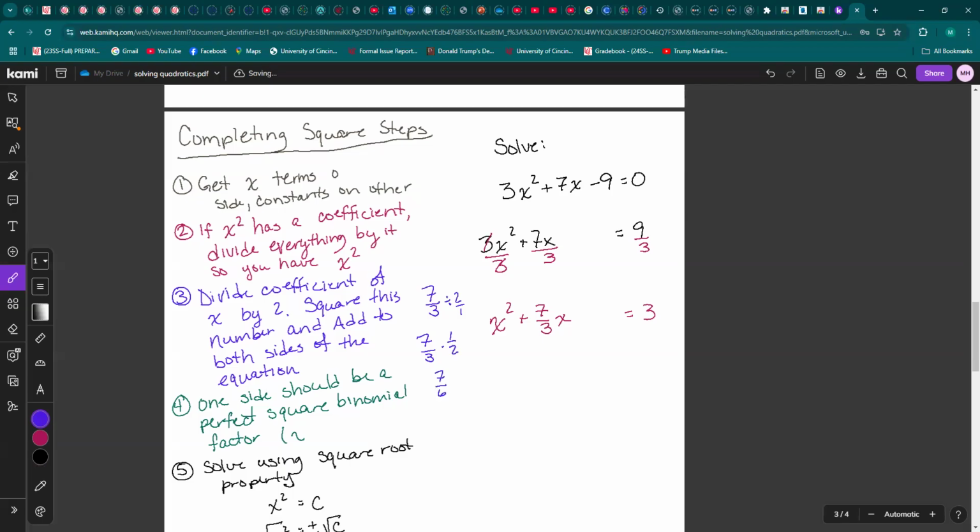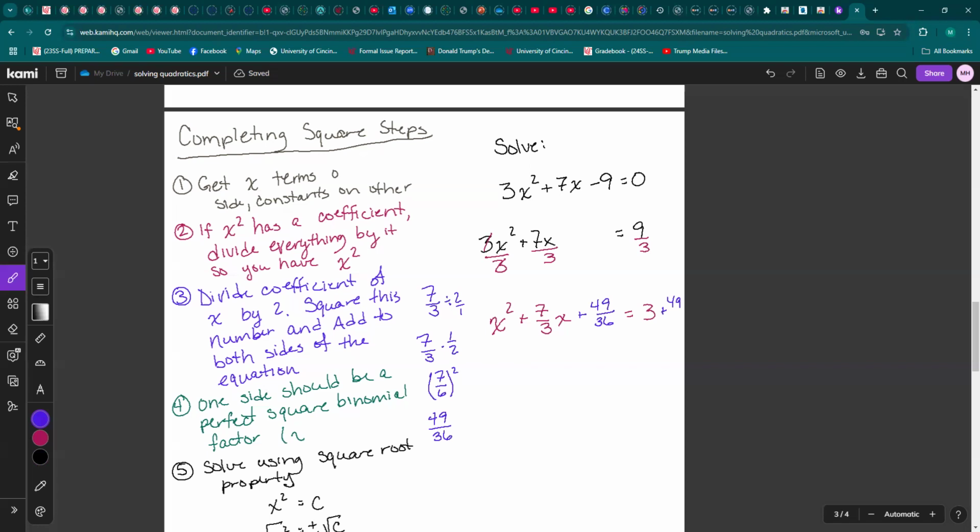All right, so that's divided by 2. Square this number. So when I square a fraction, I square the top and the bottom. So this is 49 over 36. This is what I'm adding to both sides. It is ugly. Plus 49 over 36, plus 49 over 36.